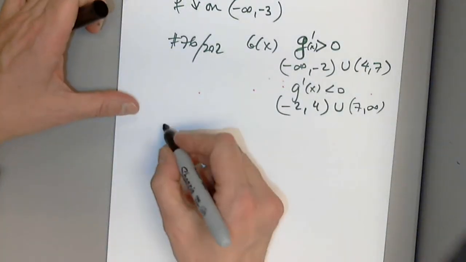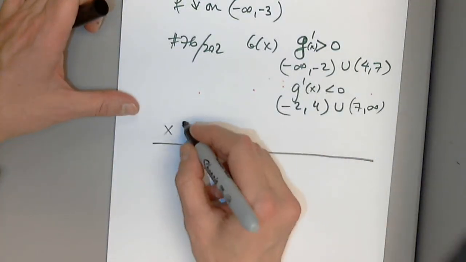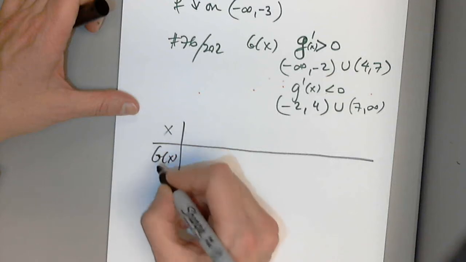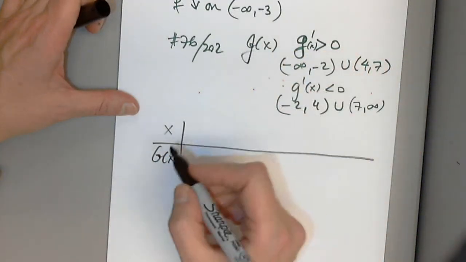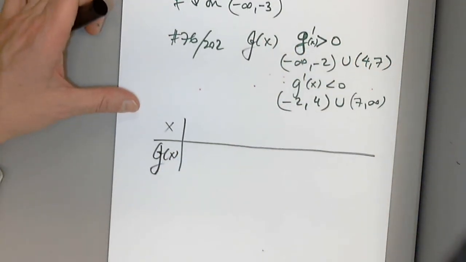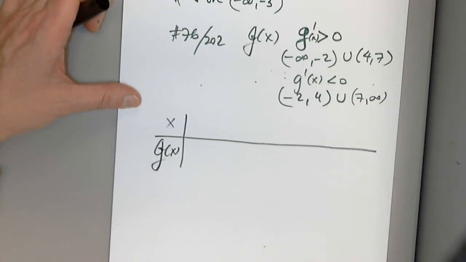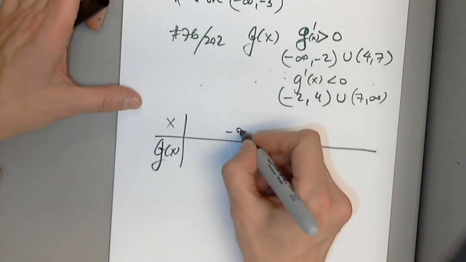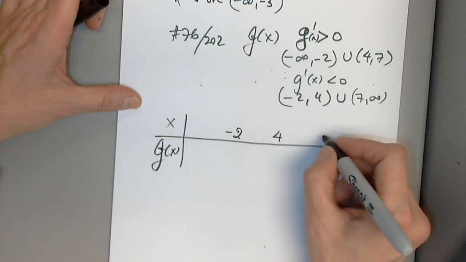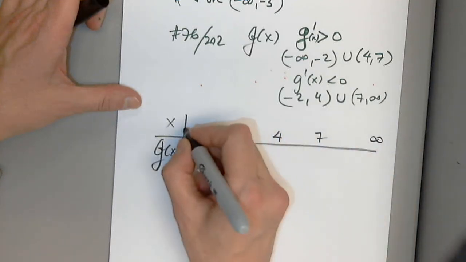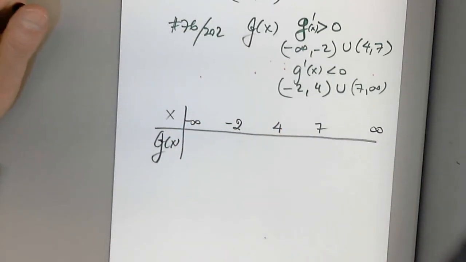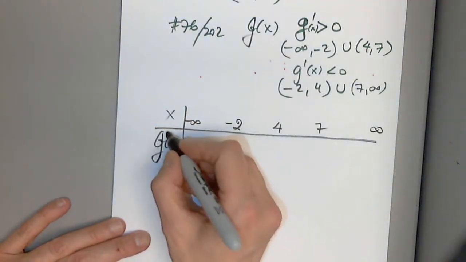Like before, I strongly recommend creating this table. I'm going to put in the table, of course, negative 2, 4 and 7, infinity and negative infinity. This is g prime.